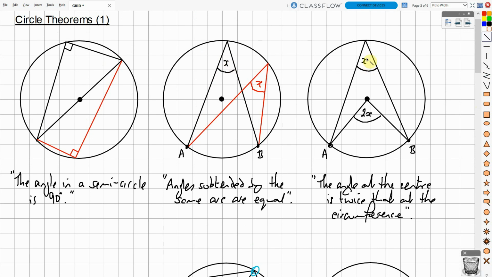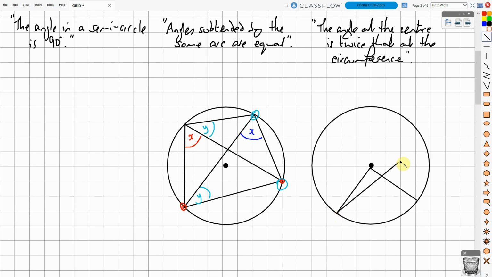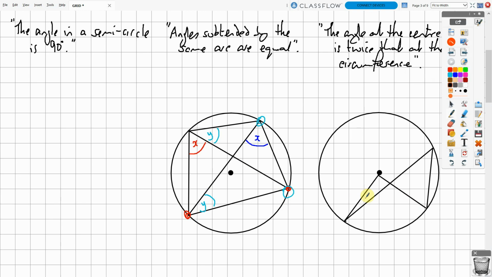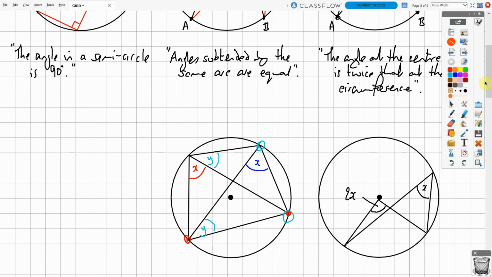That means that this angle here, this point here, it can slide round, and we could get something that looks like this. And so if this is X, then this is 2x. It takes a bit of thinking about, but practice does make perfect. Learn these three rules and how to apply them.